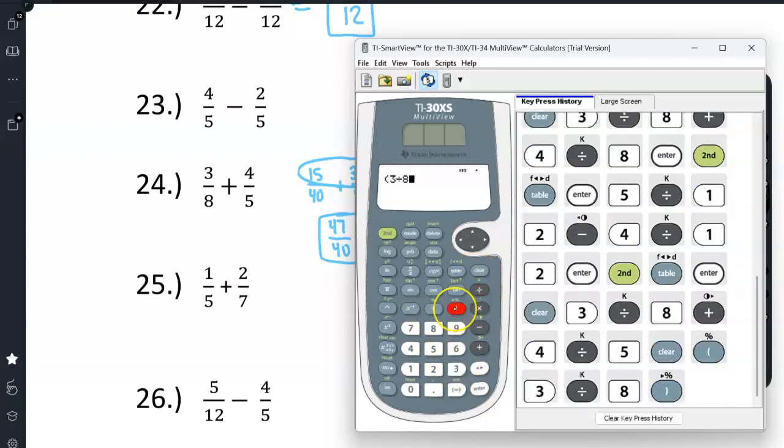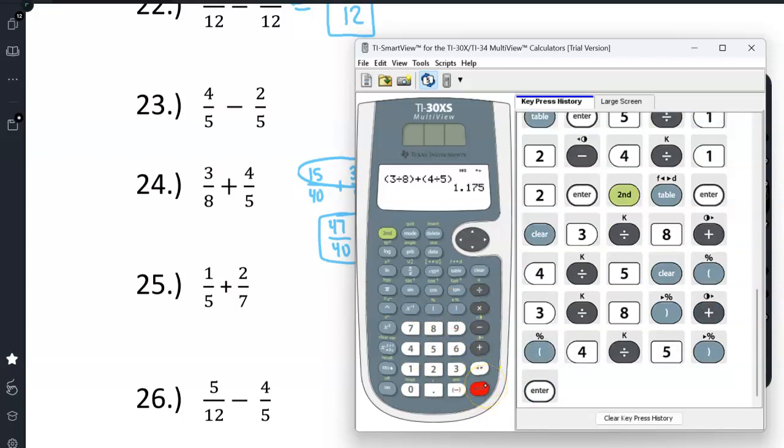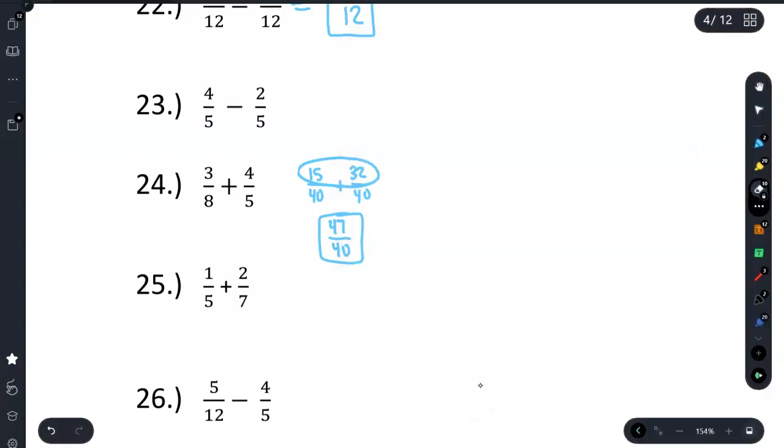And that way you can see that that's a fraction. Plus, open up your parentheses, 4 divided by 5. And you can see that that's one single fraction. Press enter. I'm going to convert that to a fraction. Right now it's a decimal. And I should get 47 over 40, which is exactly what I got when I did it by hand.